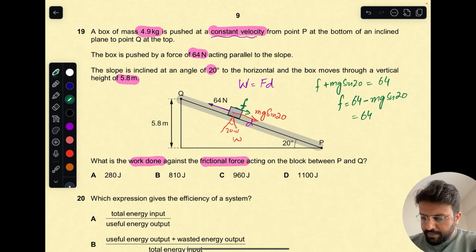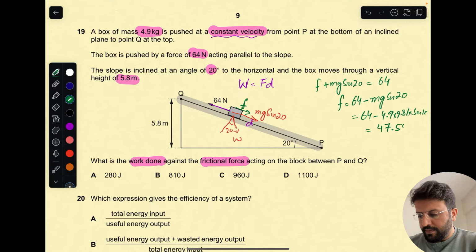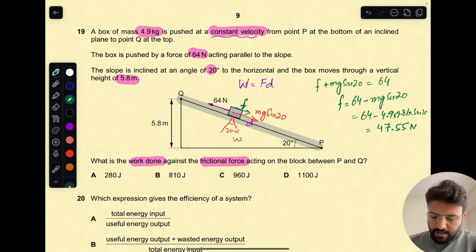We know m is 4.9, into 9.81, into sine of 20 degrees. When you calculate f, we get 47.55 Newton.